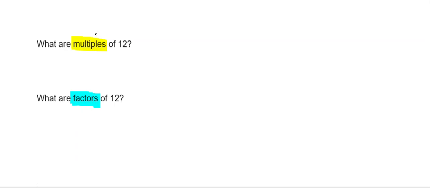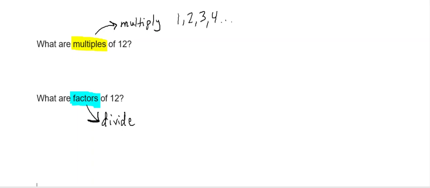Multiples means you're going to multiply. Factors is division. So you're going to think about what numbers divide into 12 versus what do I get when I multiply 1, 2, 3, 4, and so on by 12.